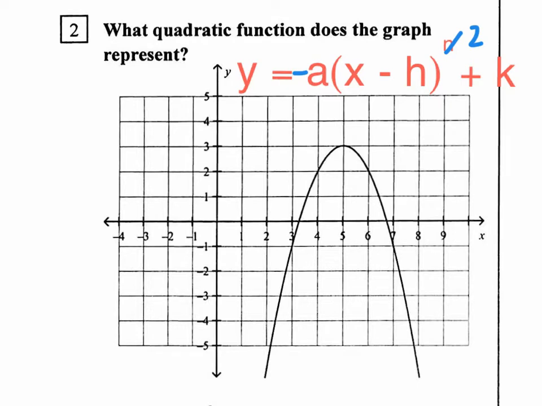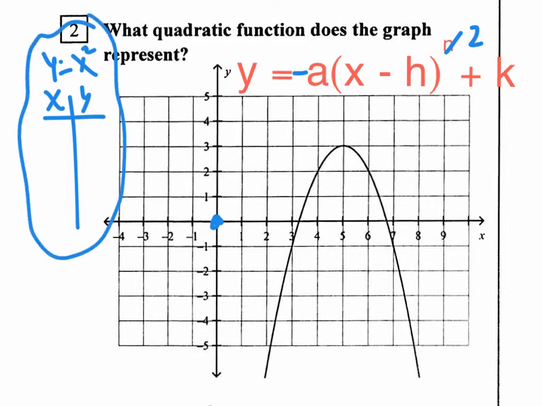What else? The parent graph of a parabola has a vertex at the origin, right? And if we actually went through and showed you the parent graph, which is y equals x squared, and I started plugging in numbers for x and for y, so this has nothing to do with the problem. I just want to give you a little bit more of a background feel to this. So if you plug in 1 for x, 1 squared will give you 1.